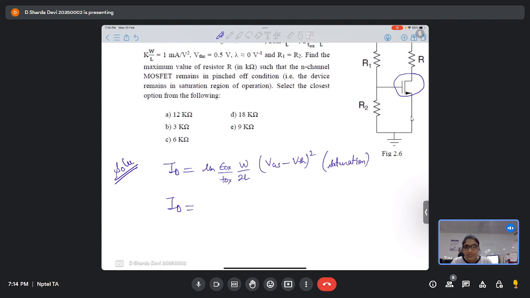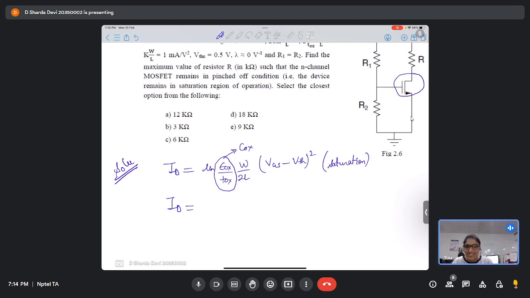This is for saturation. What about triode? Or we can simply write it as C ox also. Do you know or not?